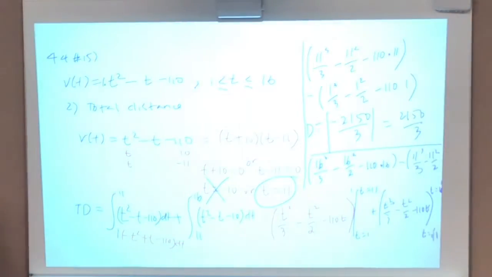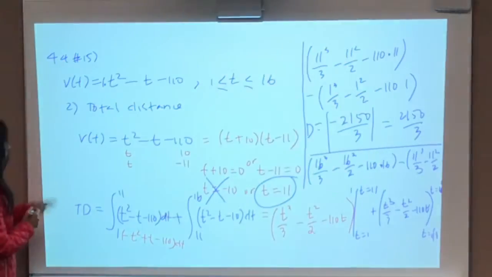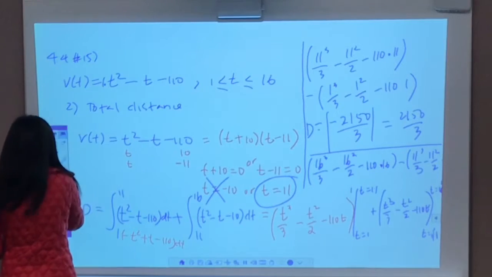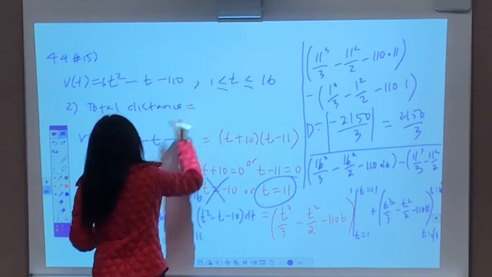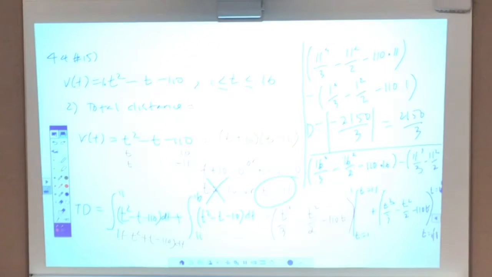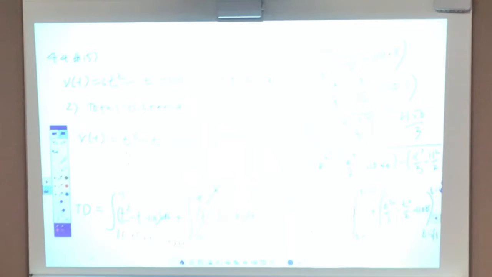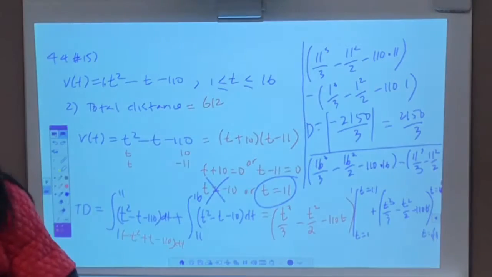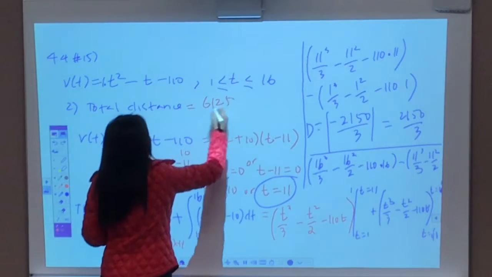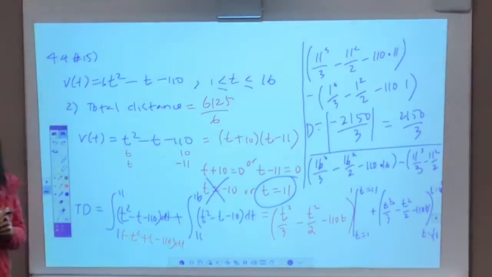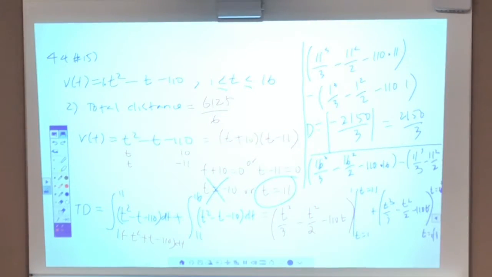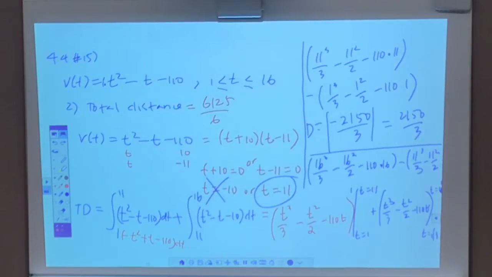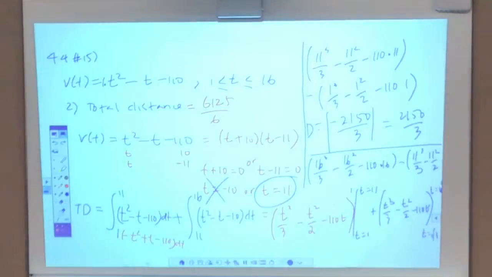So the answer to this one should be, is it 194? 6125 over 6. That's your total distance. If you get that one, that means you got it right. 6125 divided by 6.